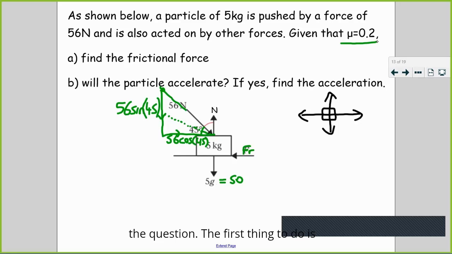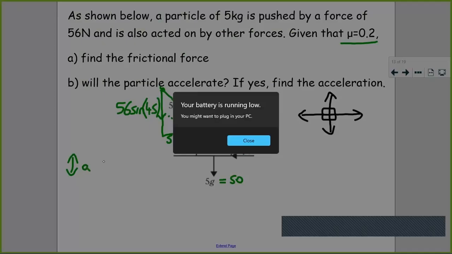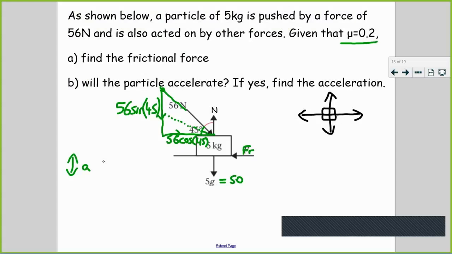The first thing to do is find N. Now the object is moving left or right, because it's a horizontal surface, so there is no acceleration vertically. So vertically acceleration will be 0. So we can do up minus down equals 0.